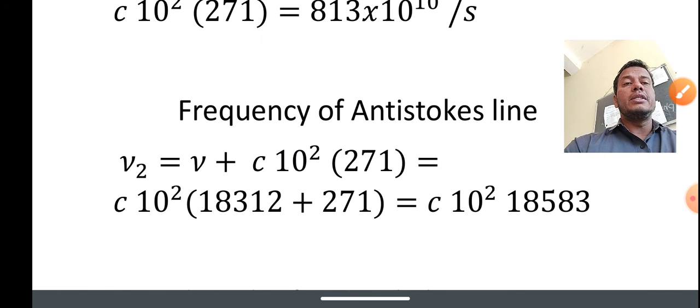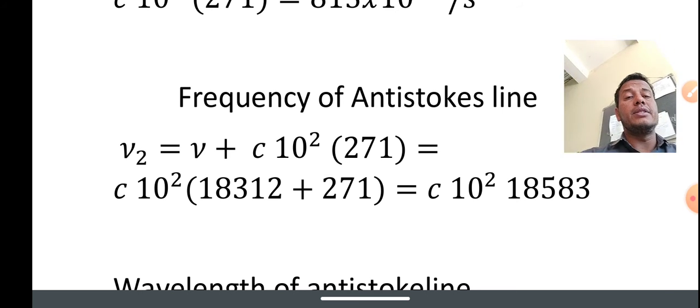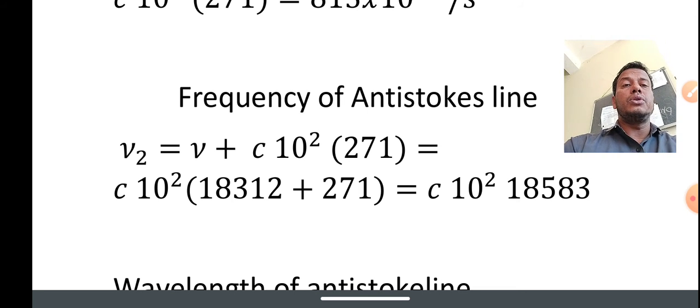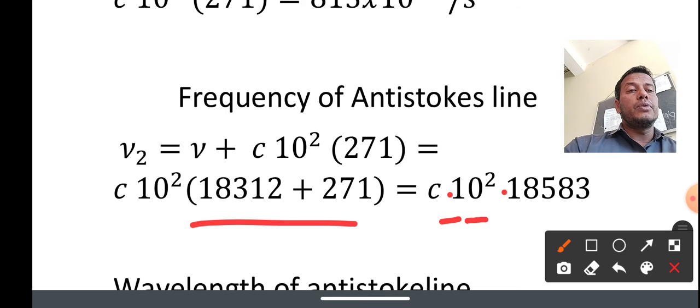For the frequency of the anti-Stokes line, the Raman shift has to be added. Hence the frequency of the anti-Stokes line is nu equal to nu plus the Raman shift, c into 10^2 into 271. Adding this, you get c into 10^2 into 18583.